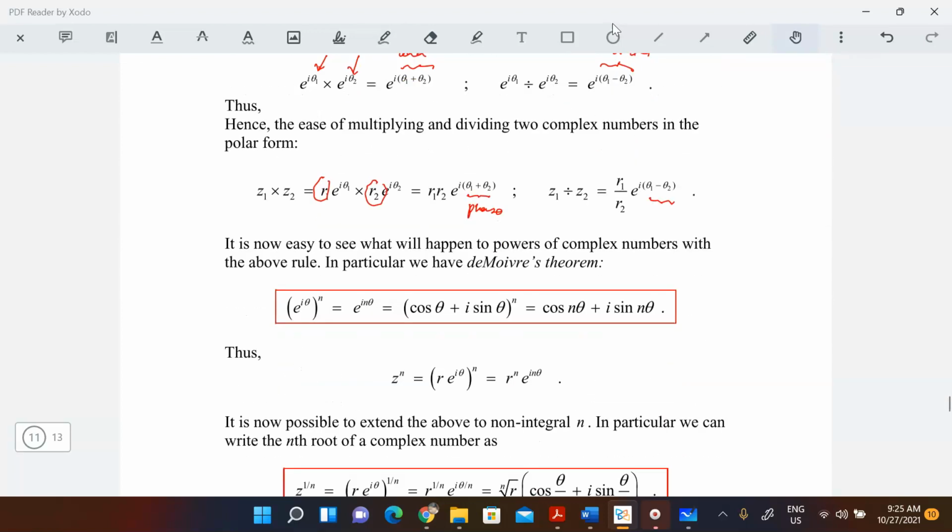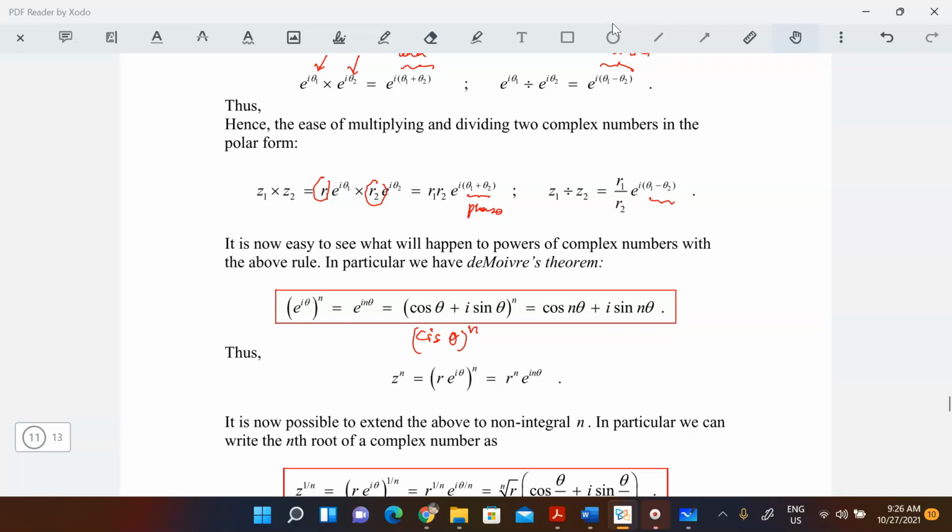What happens over here, you have Cs theta to the n, and you can see that this is immediately related to cos n theta plus I sine n theta.